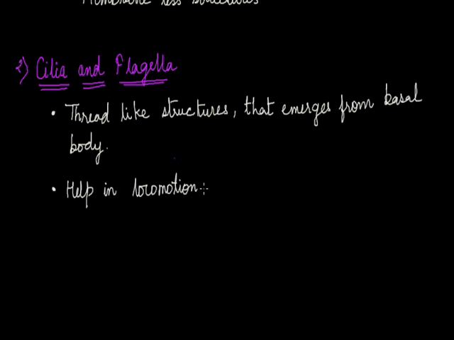Now the question arises, what is the difference between cilia and flagella? Before talking about the difference, one more important point is that they are made up of the microtubules.